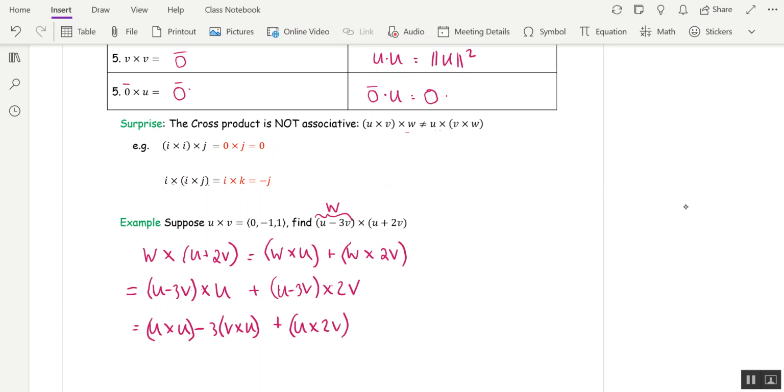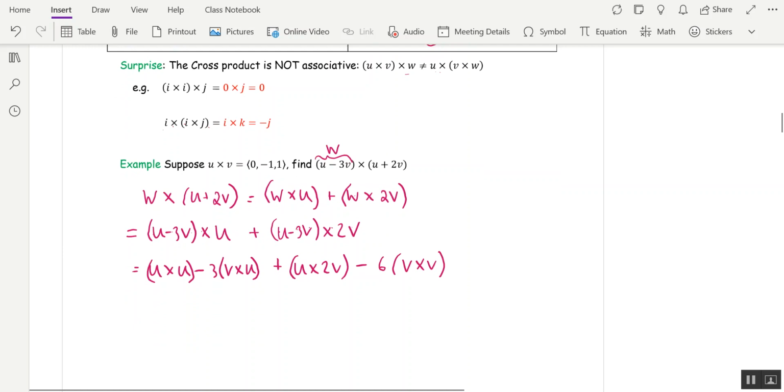Yes, that 2 can come out, and we'll pull it out in a second. Minus 3v cross 2v is negative, so minus 6v cross v. Okay, u cross u is the 0 vector. V cross v is the 0 vector. So this is going to give us 0 over here.